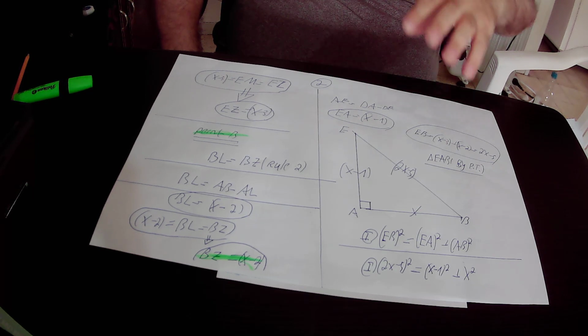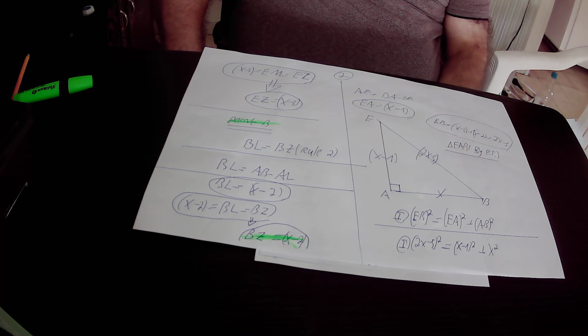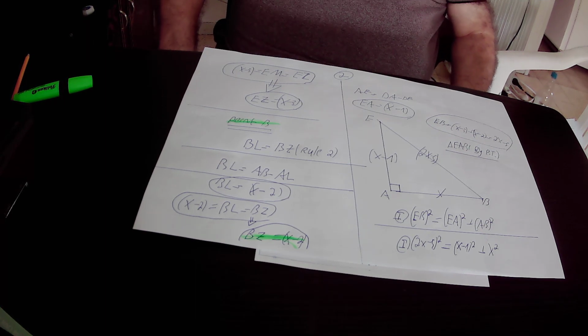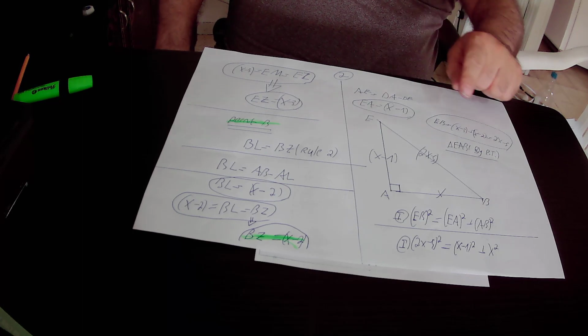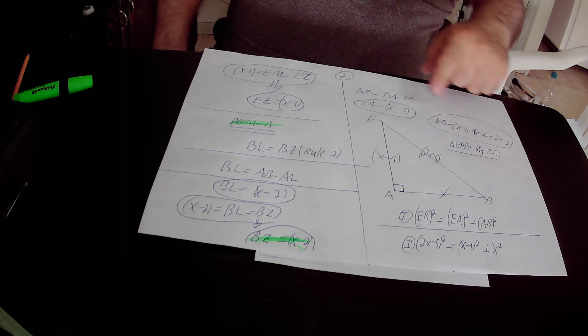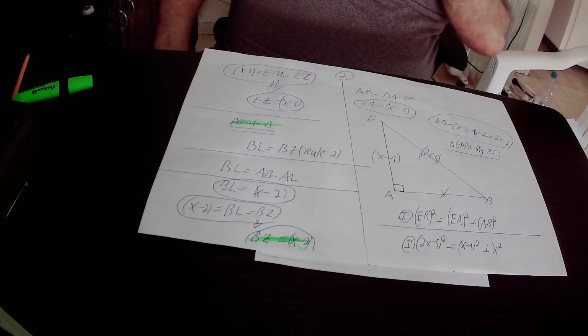Okay, now we can implement the Pythagoras theorem on this right triangle, triangle EAB. According to the Pythagoras theorem, the square of the hypotenuse equals the sum of the squares of the perpendicular sides. The hypotenuse is EB, so the square of the hypotenuse is EB square, and it is equal to EA square plus AB square.